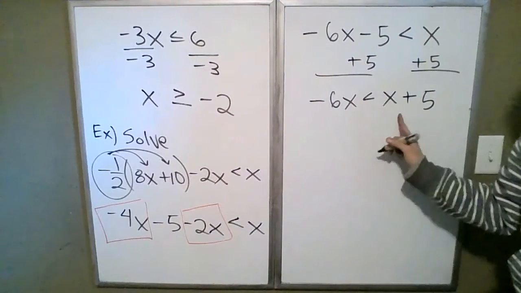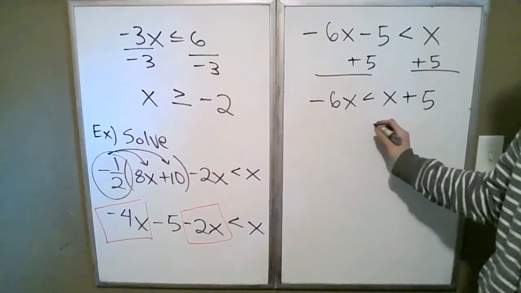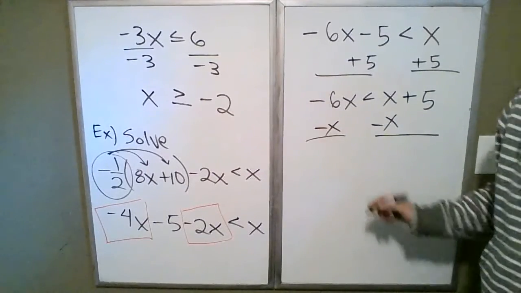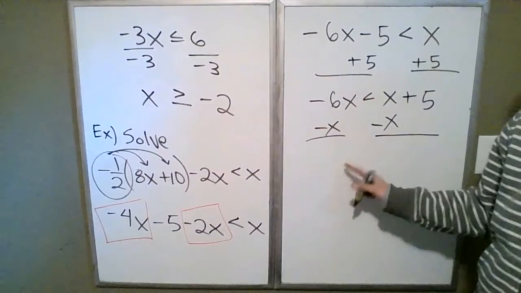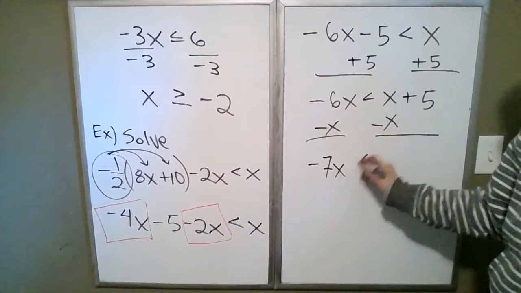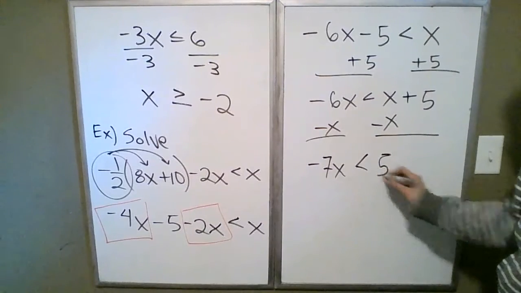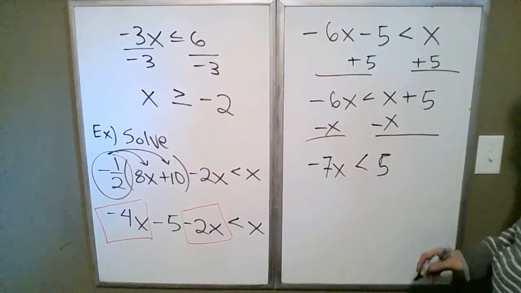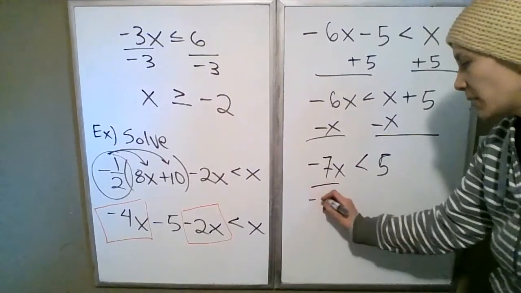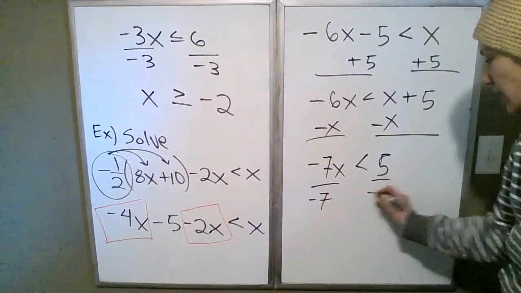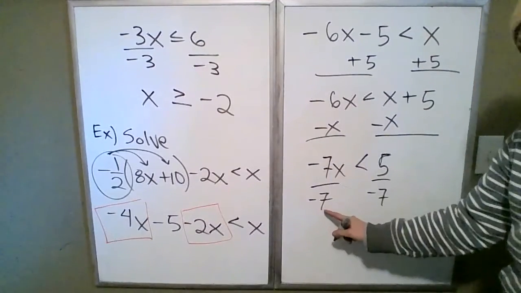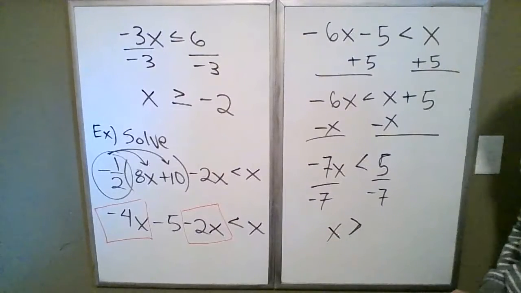Now I want to get these x values together by subtracting an x. Here, this would be negative 7x less than 5. Now I would divide both sides by negative 7. Since we're dividing by a negative number, we want to flip the sign this way. And then over here is x. It's greater than negative 5/7.